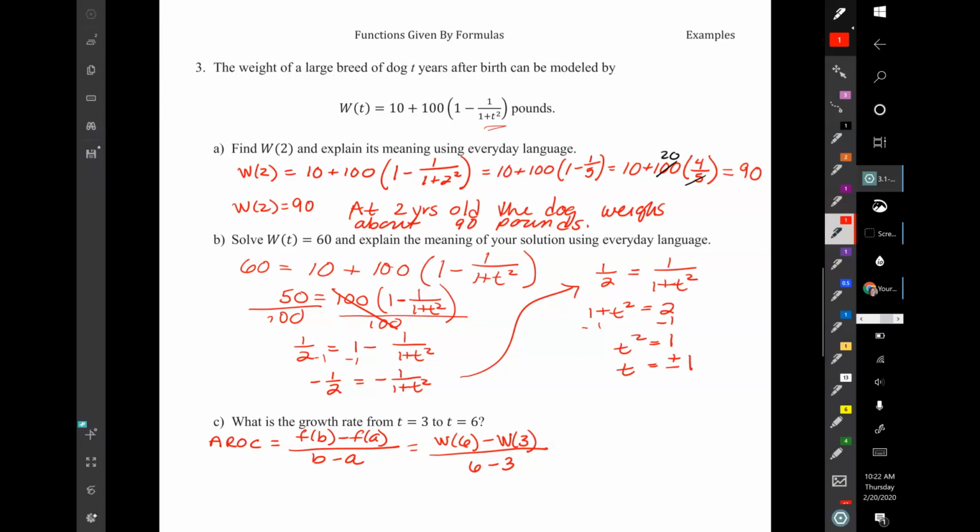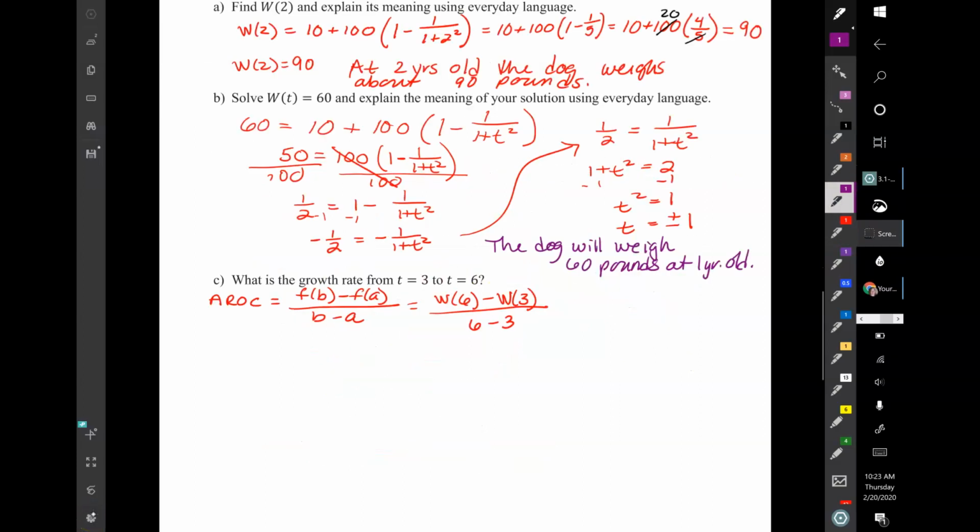So we're just going to pick the positive 1. And we would write the answer as the dog will weigh 60 pounds at 1 year old. That's kind of interesting. My dog now is like 13 and a half, and she weighs about 60 pounds. So a 1 year old puppy, pretty energetic, would be a handful at 60 pounds.